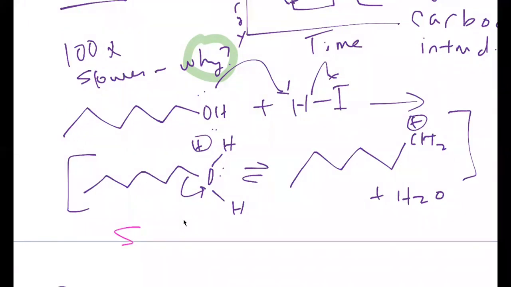So this reaction is slower due to the formation of this very highly unstable cation, right, because a primary cation is not stable.